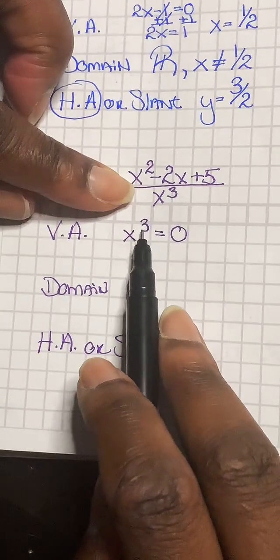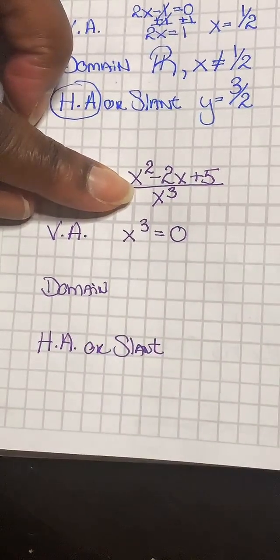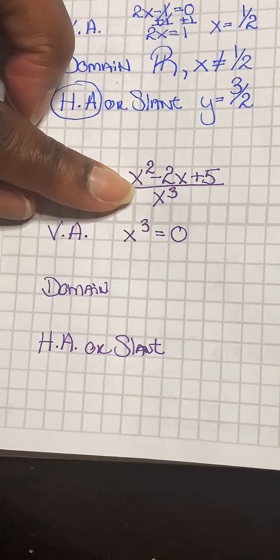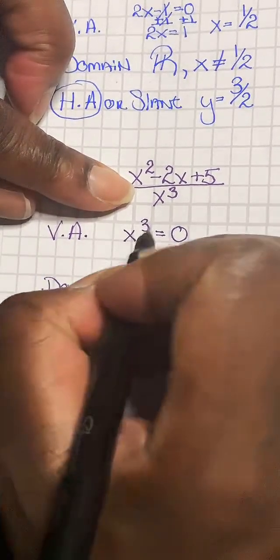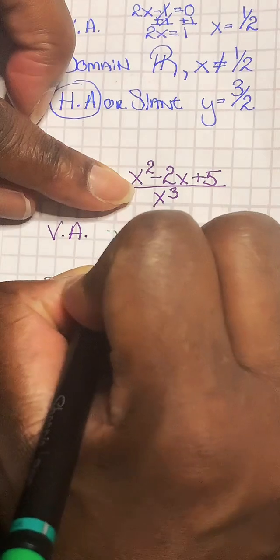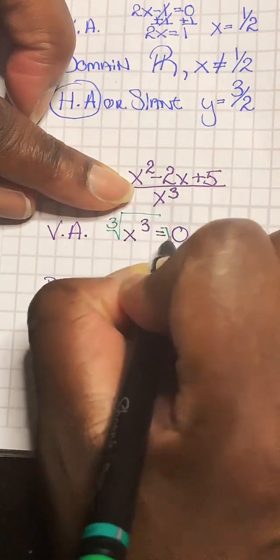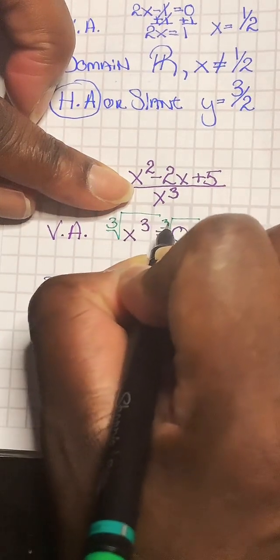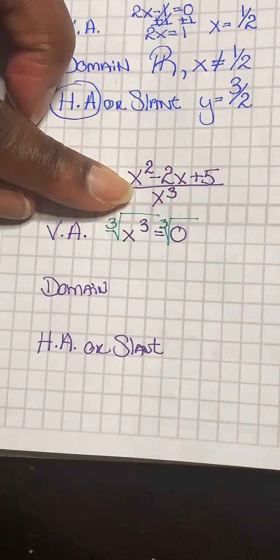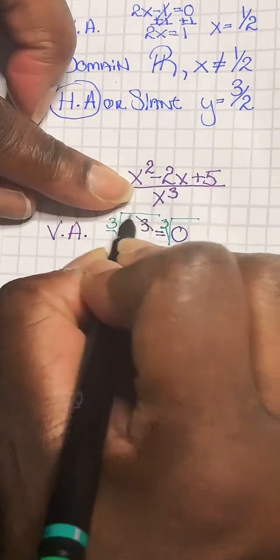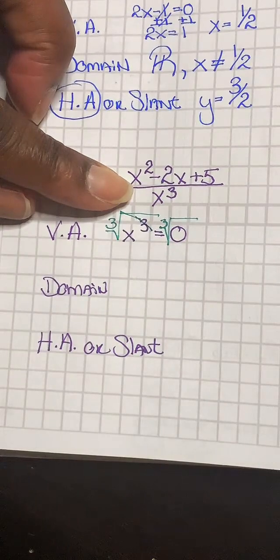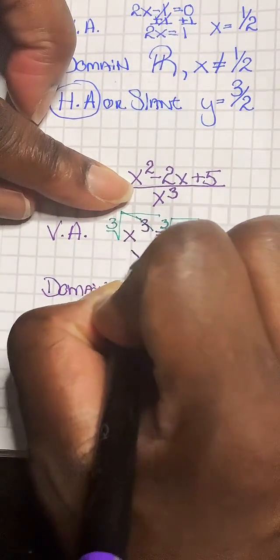To get rid of the x cubed, I have to do its inverse, and the inverse of a cube is a cube root. If you haven't gotten to cube roots yet, it's coming. The cube and the cube root cancel each other out, leaving me with x.